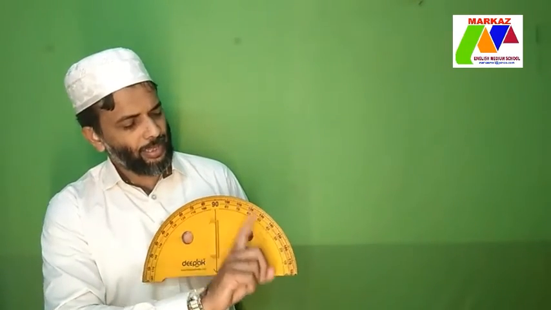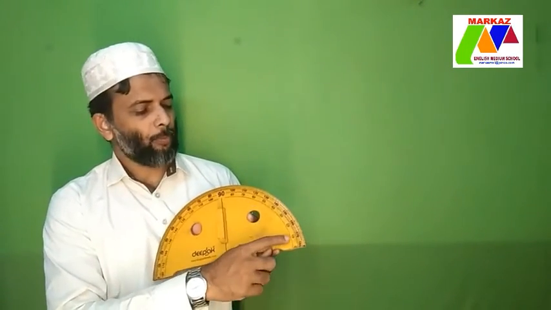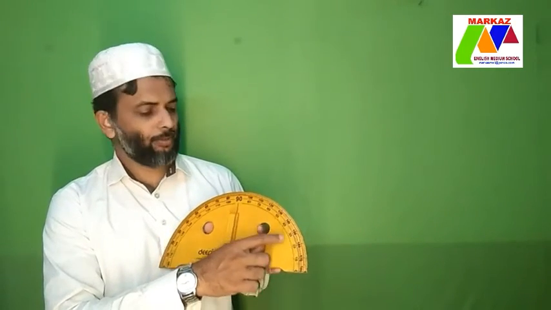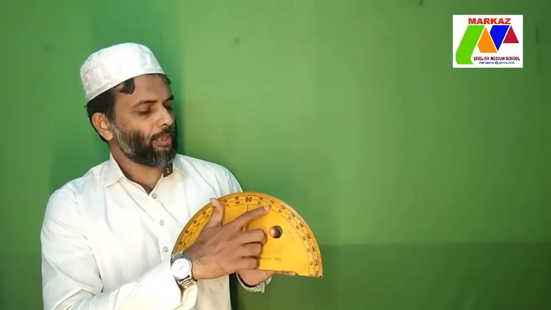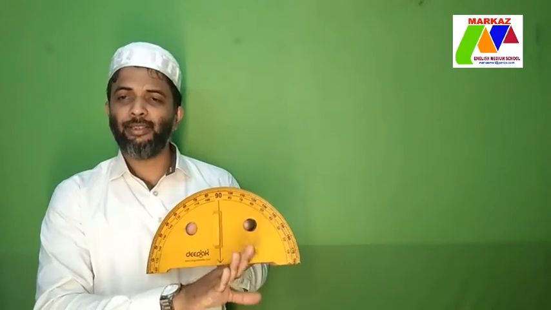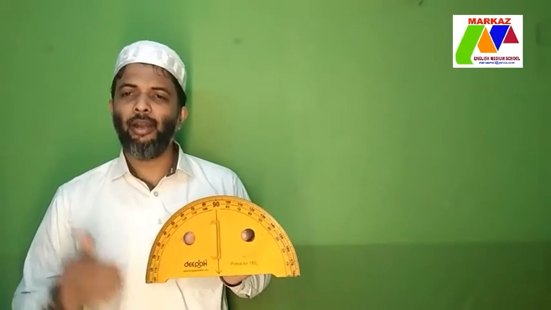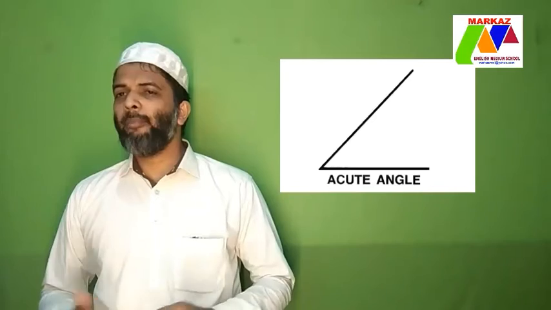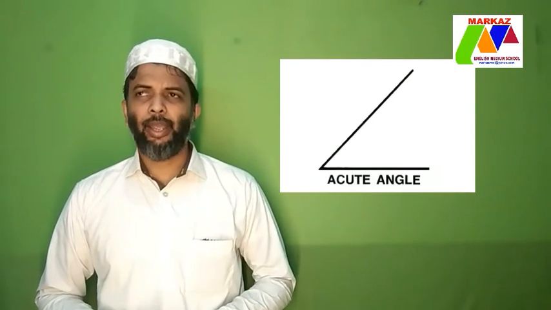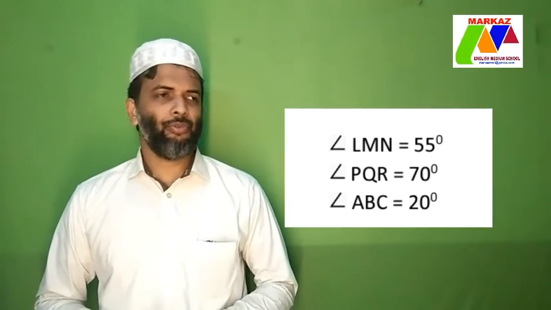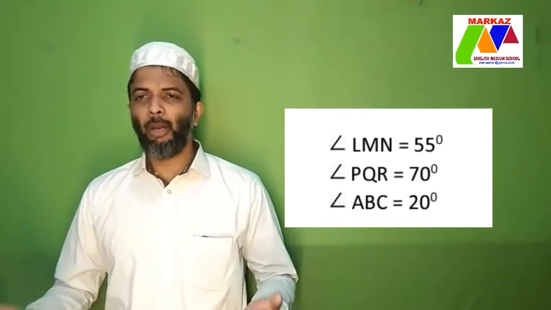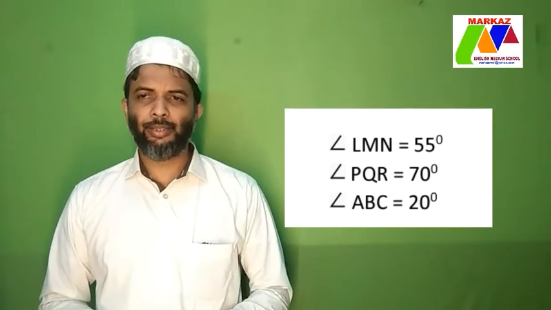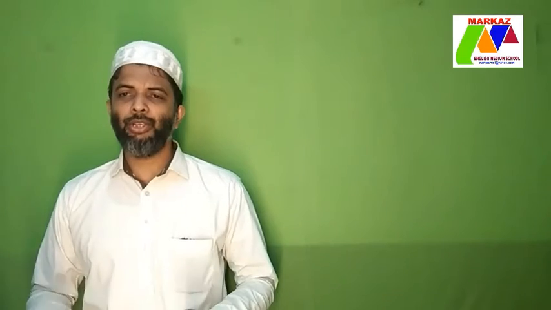Less than 90 degrees. Suppose 10 degrees, 20 degrees, 40, 50, 60, 70, less than 90 degrees. This type of angle we call an acute angle. Examples of acute angles are angle LMN is equal to 55 degrees, angle PQR is equal to 70 degrees, angle ABC is equal to 20 degrees.